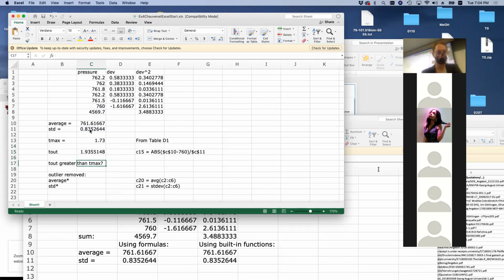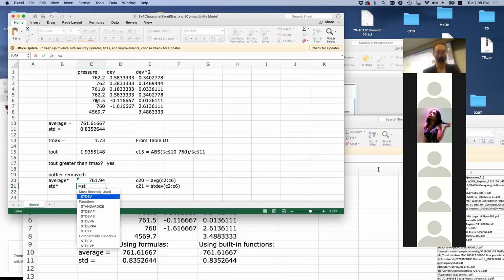And so T out is greater than T max, yes. And so we remove the outlier. We're going to ignore this value 760, and recalculate the average and standard deviation without that number. We take the average and the standard deviation of just the first 5 values that we measured.